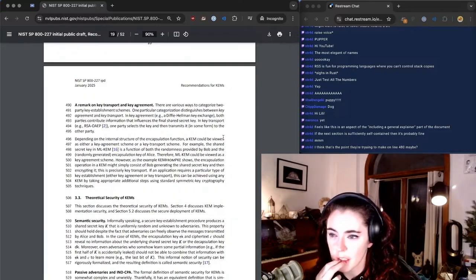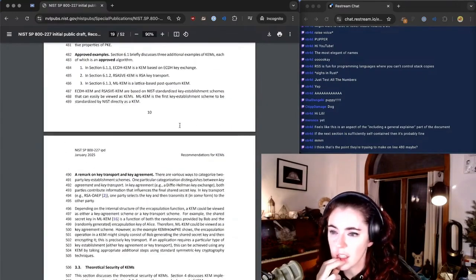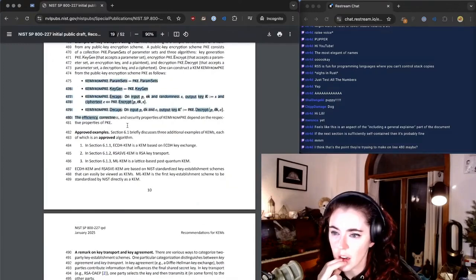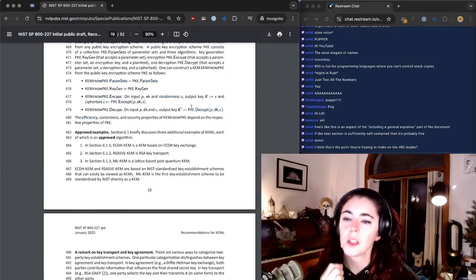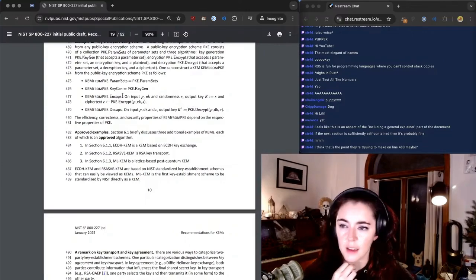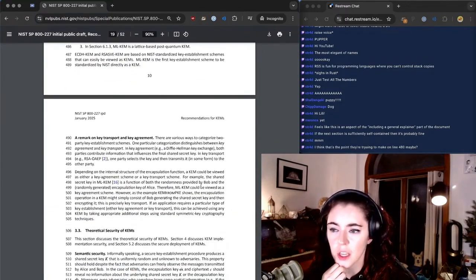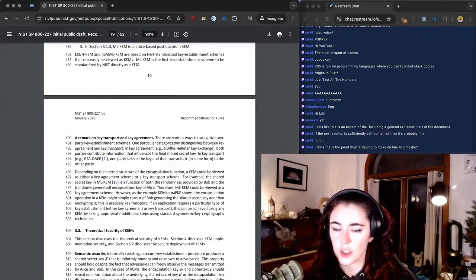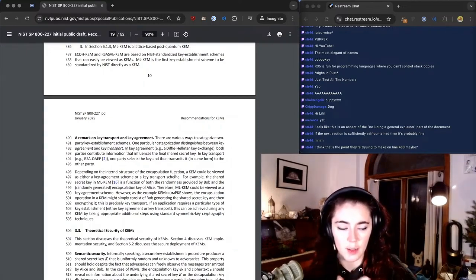Key agreement, Diffie-Hellman: parties contribute information that influences the shared secret key. Yep, and key transport. Arguably, if you do it in the FO transform style, an FO transform KEM is much closer to key agreement, because no matter the properties of the underlying PKE scheme, you can shove everything into a KDF, the ciphertext, the encapsulation key, all the public information, and some private information, and it will all depend on the contributory behavior.